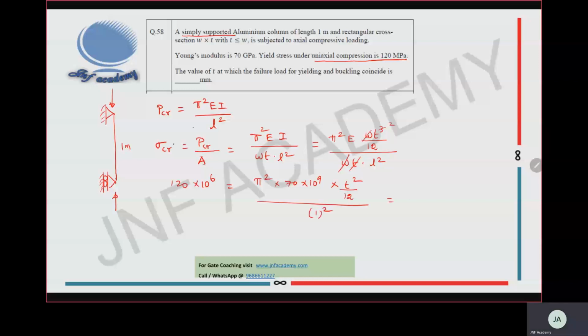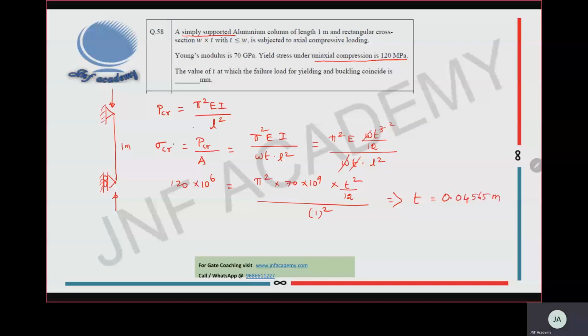So if we simplify, our t value is 0.04565.